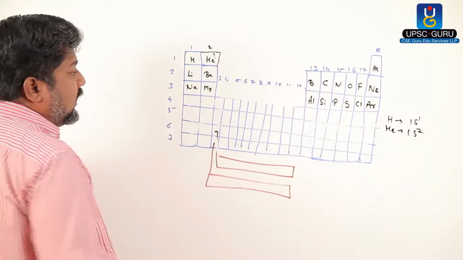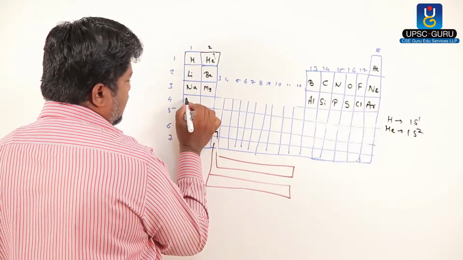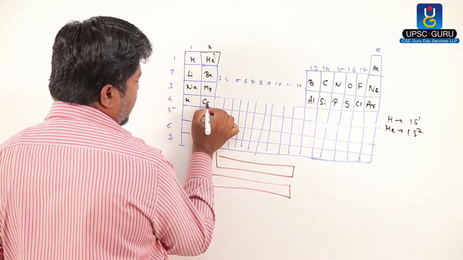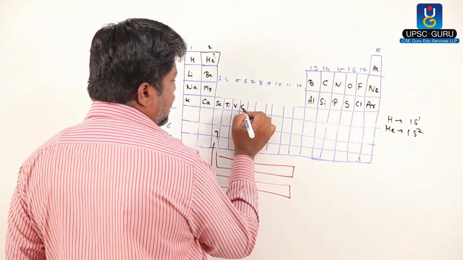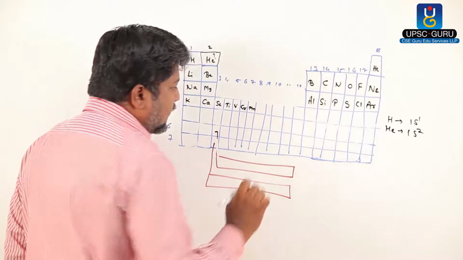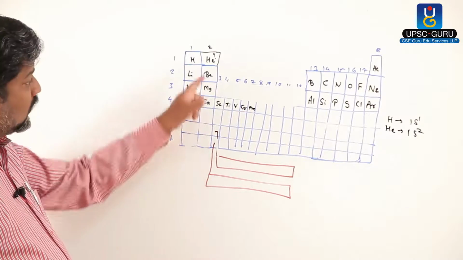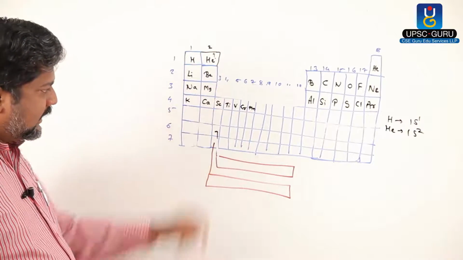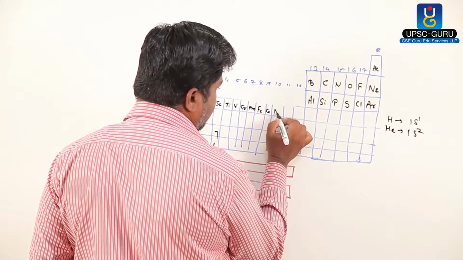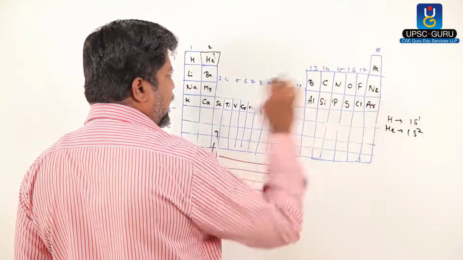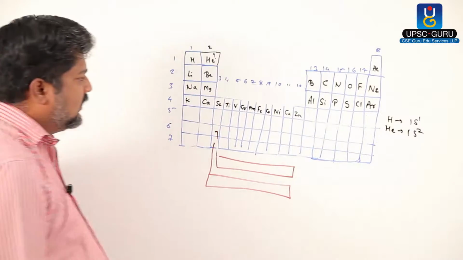Now the fourth period has 18 elements. Let us check. It's argon, then potassium, calcium, scandium, titanium, vanadium, chromium, manganese. Many people are confused between magnesium and manganese, beryllium and barium, like that. So this is manganese, iron, cobalt, nickel, then copper and zinc.